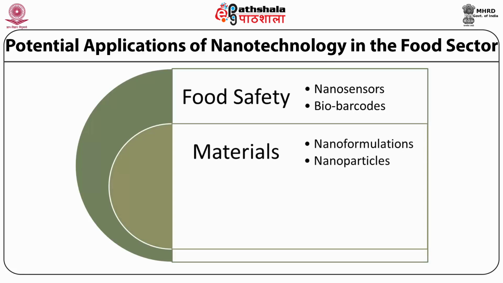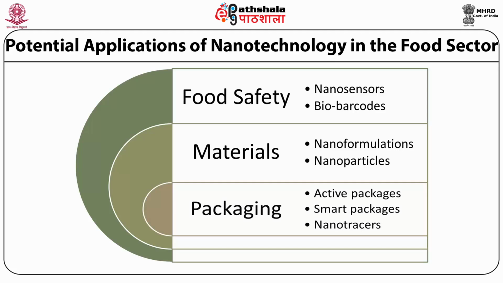Nano formulations are being developed extensively for enhancing the value of food, such as the use of hydrophobic nutraceutics in aqueous solutions. Active packaging films involve the use of active packages, smart packages, as well as intelligent packages in nano packaging films.